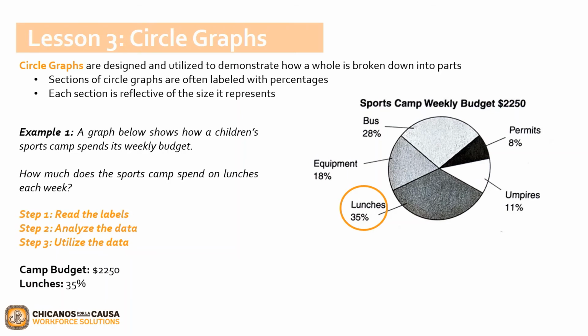We know that the lunch section takes up about 35% of the overall budget. Looking at our graph, we can see that lunches is the largest item on this budget. So it's asking us how much does the sports camp spend on lunches each week? This to me sounds like a division problem. So let's go ahead and do that.